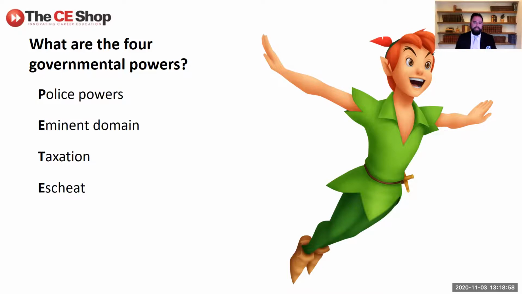The Pete we want to remember here is police powers, eminent domain, taxation, and escheat. And remember, escheat is when the property will escheat to the county in which the property is located. So let's remember Pete next time we're trying to determine the public powers governing real estate.